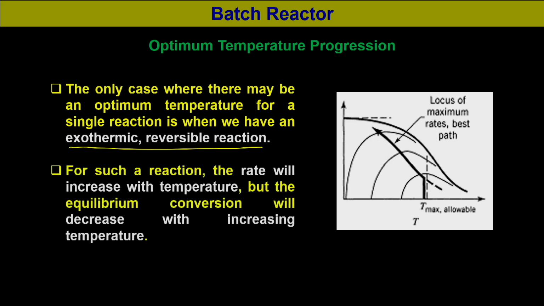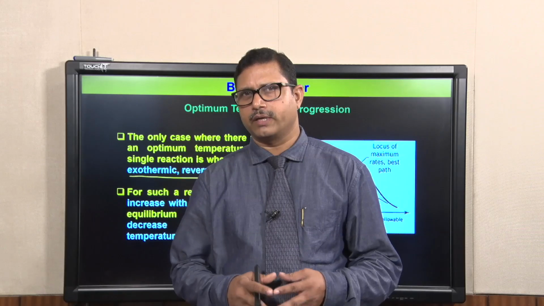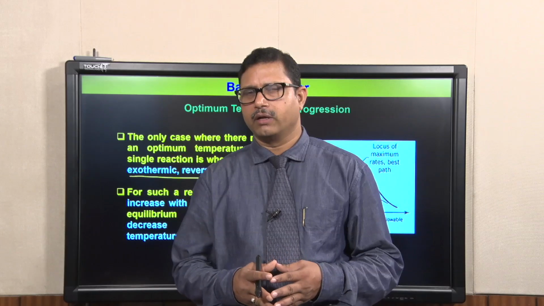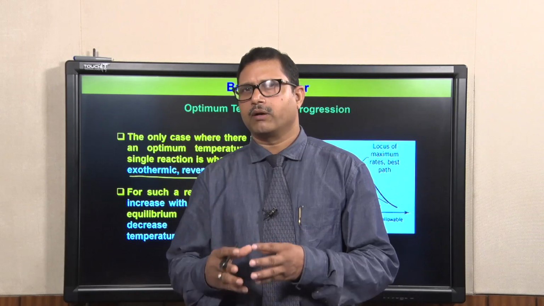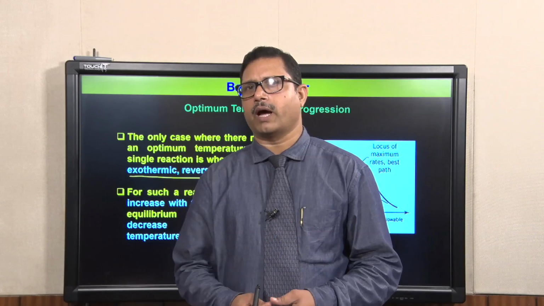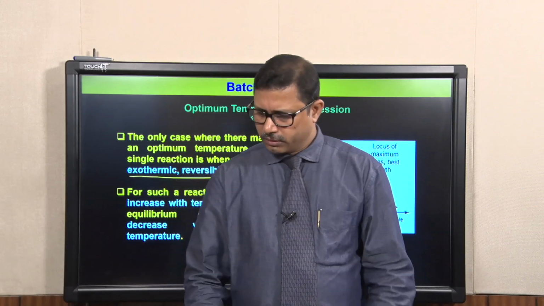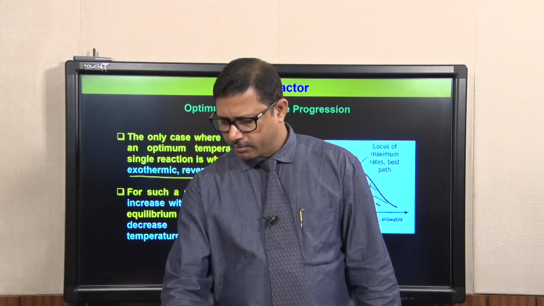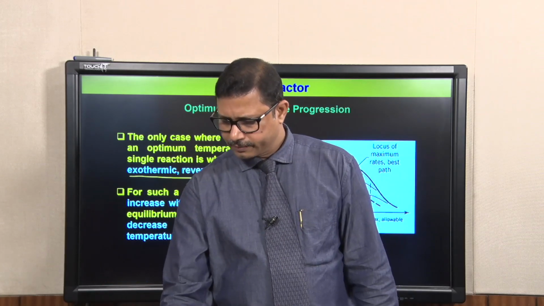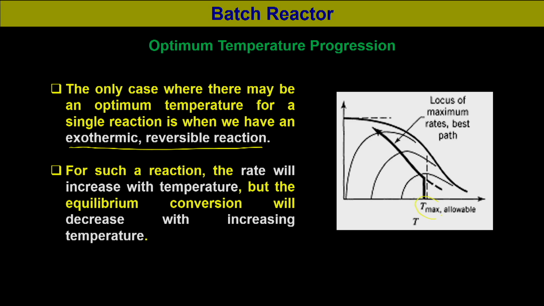For such a reaction, the rate will increase with temperature, but the equilibrium conversion will decrease with increasing temperature. So, we have to optimize the temperature in such a way that we get maximum conversion in minimum time. You can see the maximum allowable temperature here is T max, taken from Levenspiel, and this is the rate path, showing how the rate of the reaction is changing.